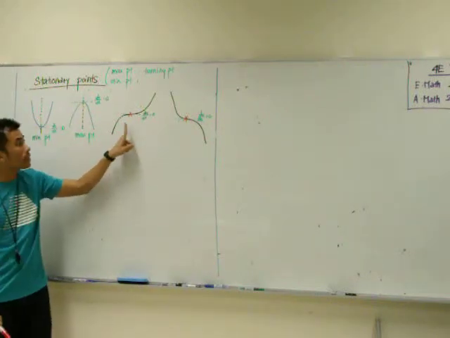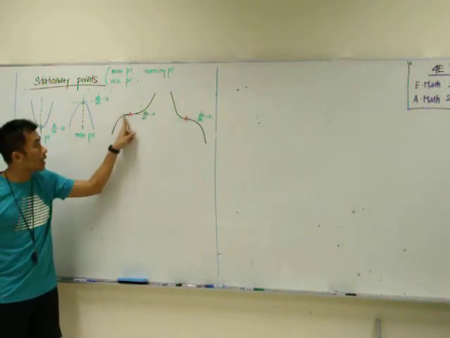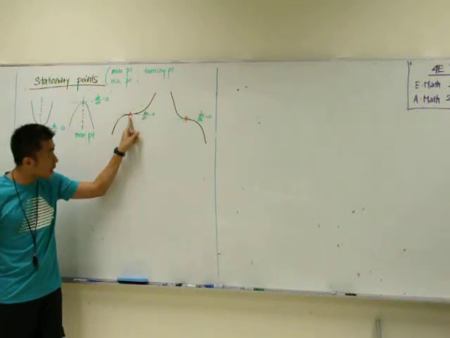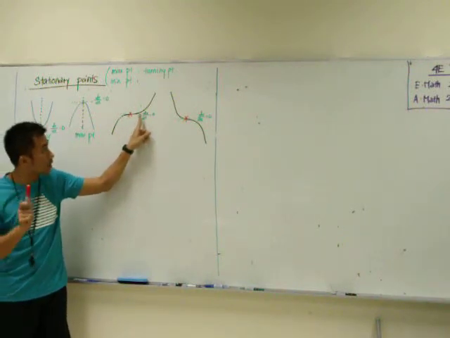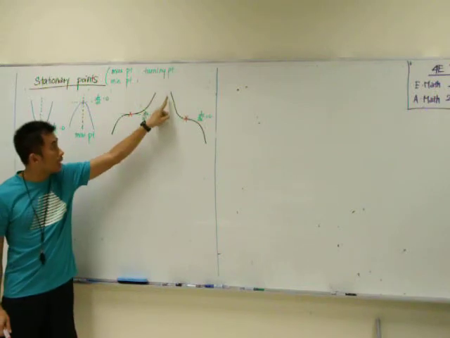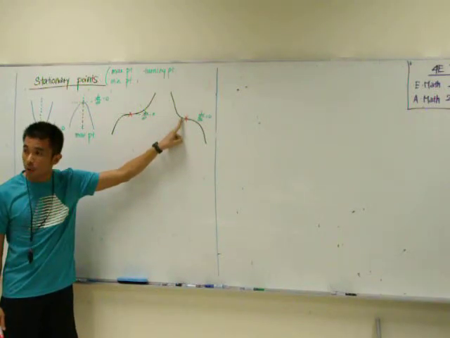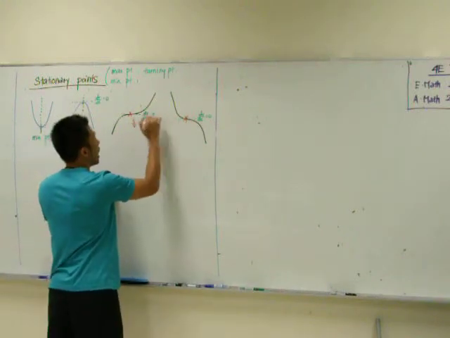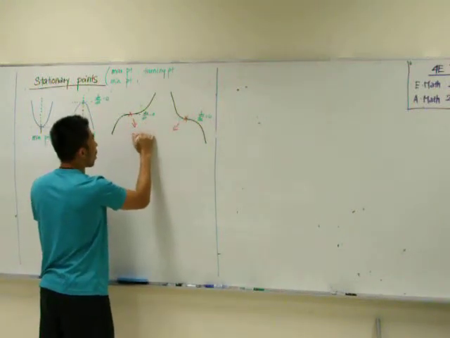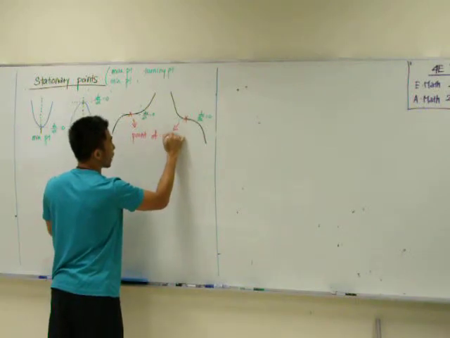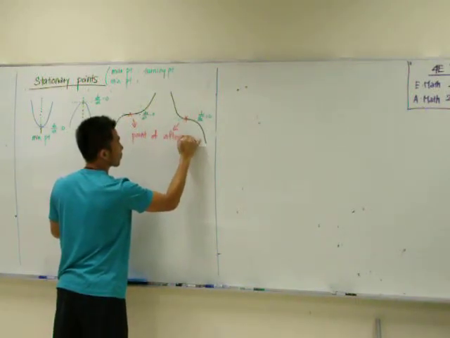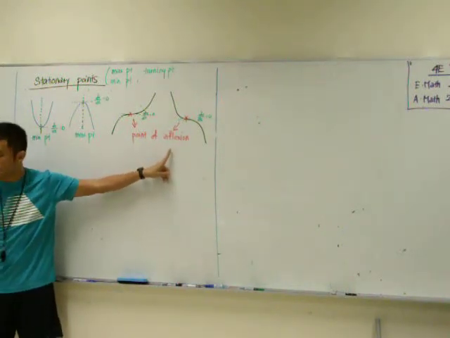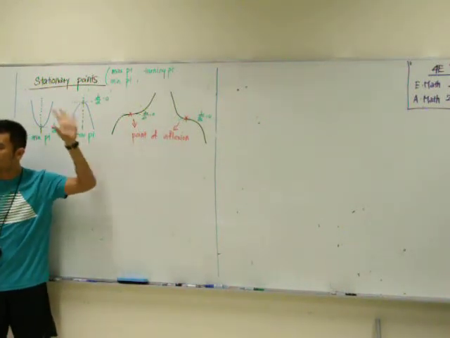But these 2 are forever increasing over here. It's always an increasing function except at this particular point. After that, it increases again. Similarly, this particular curve is always decreasing except at this particular point, and after that, it decreases again. And let me tell you, this is what we call a point of inflection. Not reflection, don't spell wrongly. Point of inflection. So far, so good?